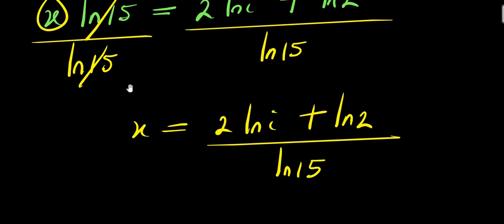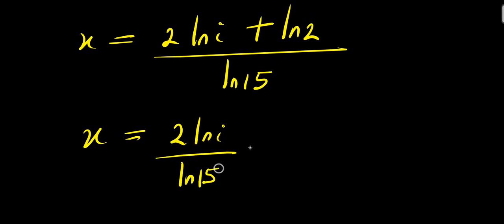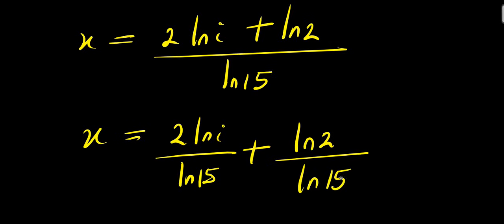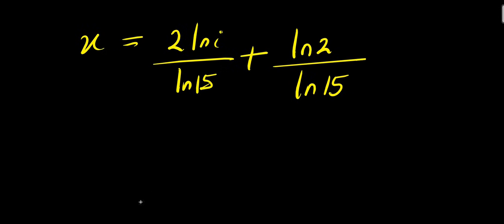So from here, we can simply have x equals 2 times natural log i divided by natural log 15 plus natural log 2 divided by natural log 15. So from here, you can simply have it this way.